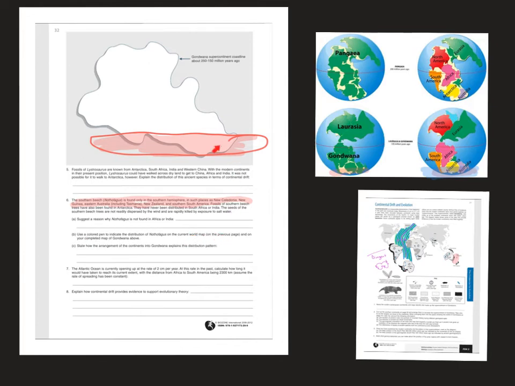So now you would see the biogeographical distribution of this plant called southern beech, which could only be found if it developed here, if it spread here, if it lived in forests here. Then Gondwanaland broke up and all the continents formed.